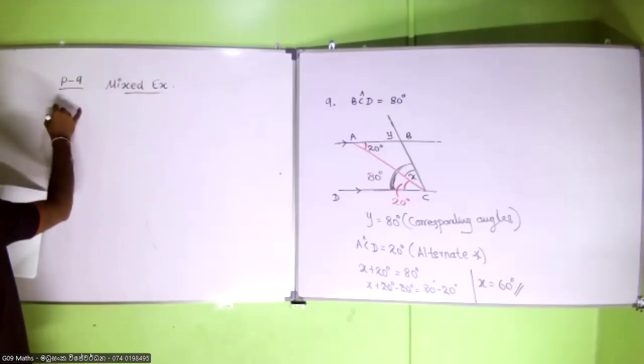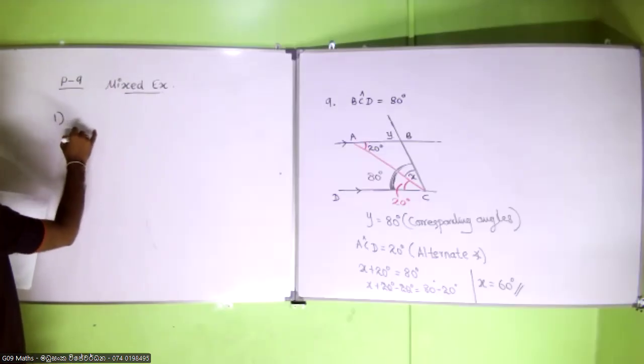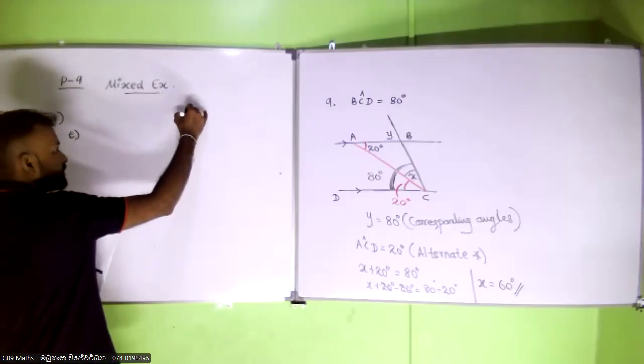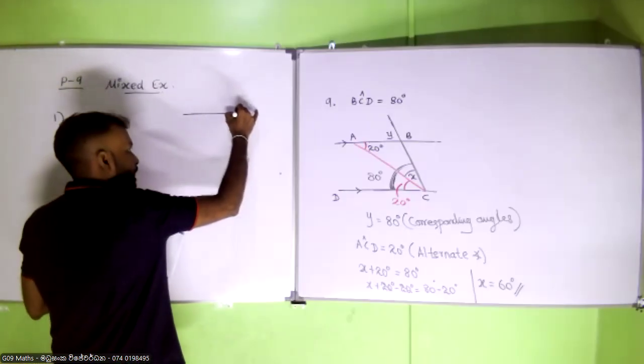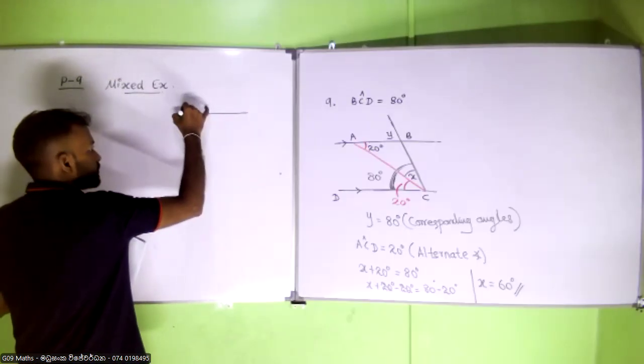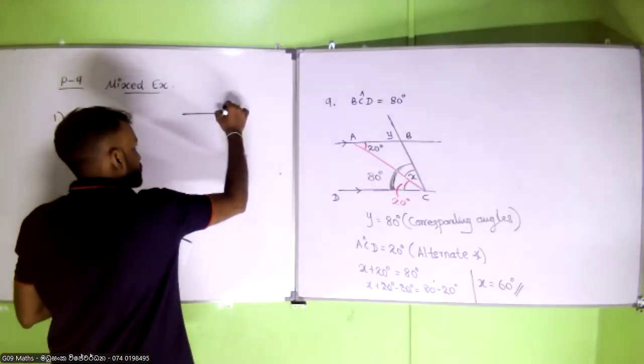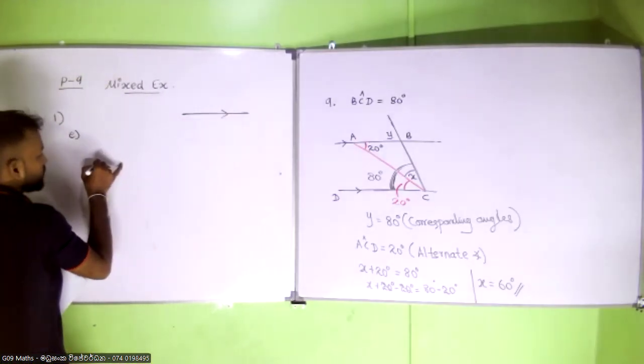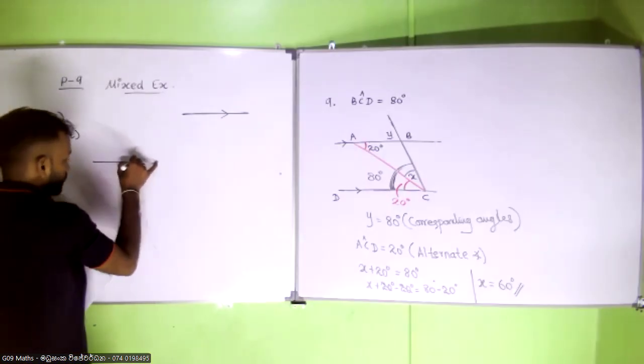First question, part E. So here you have something like this. There is a parallel line, right? This line is parallel to this line.